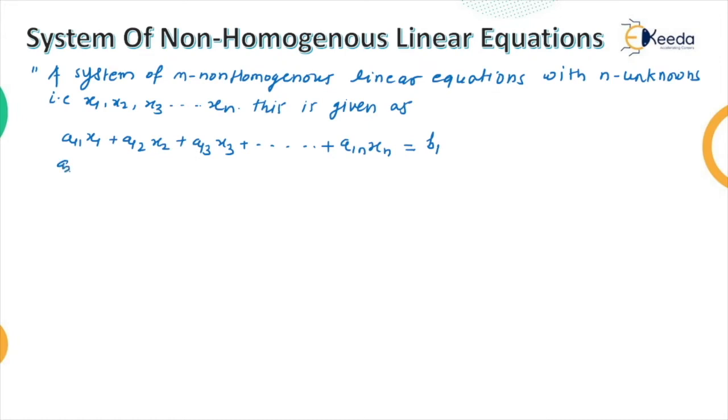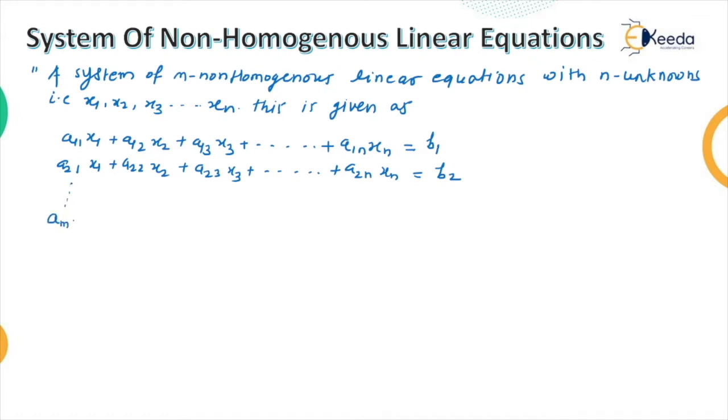The second equation is a21 x1 plus a22 x2 plus a23 x3 and so on, plus a2n xn, equal to b2. In this way we have m equations.